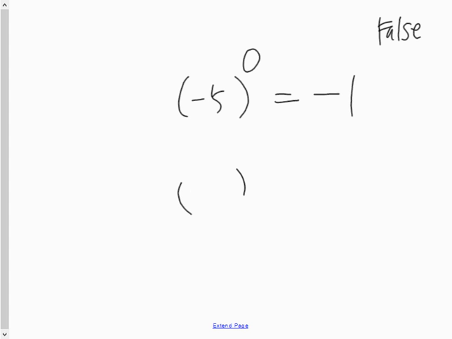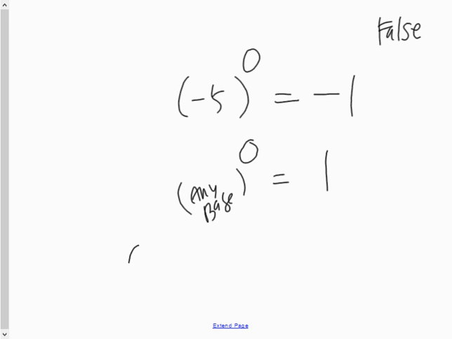The next question says in brackets -5. So this means this is the base, and our exponent is 0, has the same value as -1. And this answer is false. And here's why. So if you have any base, whether it's negative or positive or whatever you want, to an exponent of 0, the answer will always be 1.